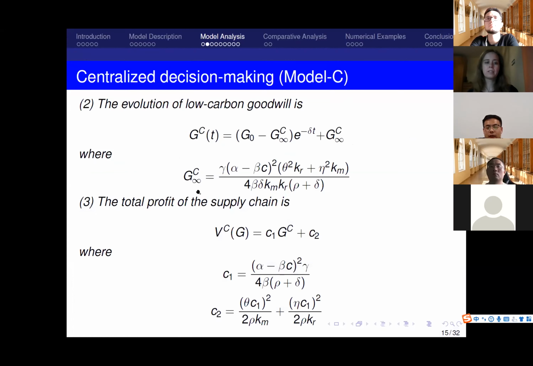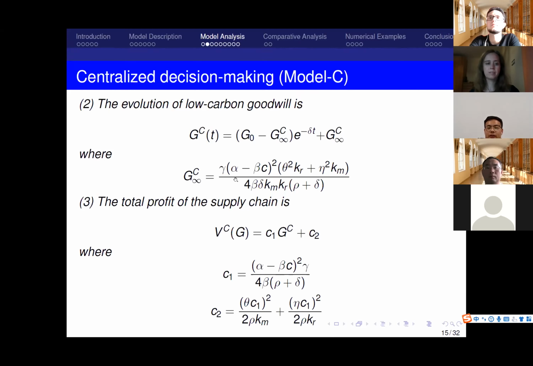The evolution of the low carbon goodwill is this: dG_C(t) equals this expression, and as t goes to infinity, this is the steady state of the goodwill in this model, multiplied by e to the power of minus delta t.